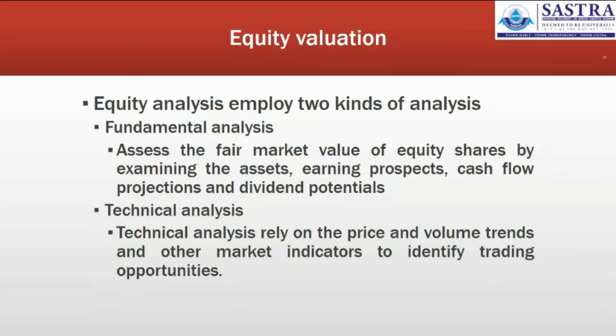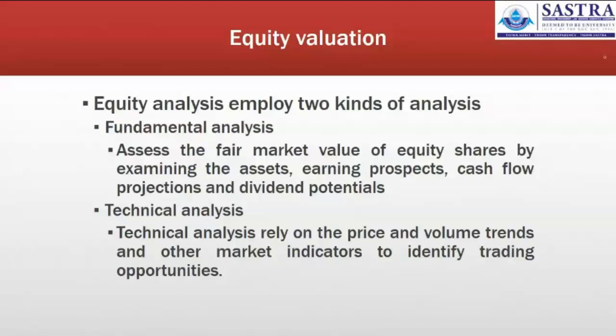So once we go for that, we have found the economy is favorable. Second, we found a few industries are doing well in the market. For example, the pharmaceutical industry and the banking industry are performing well in the market. We'll find out which companies are contributing maximum to the growth of that index or growth of that industry.